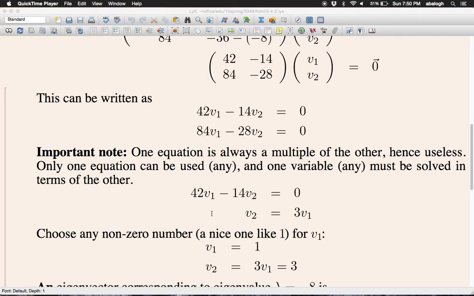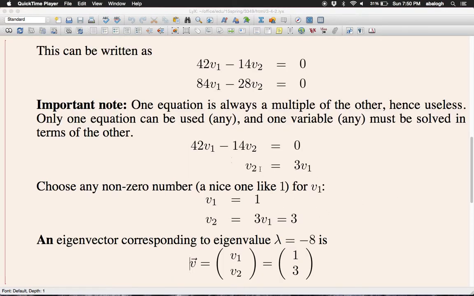And when you try to solve the first one alone, all you can do is express one variable in terms of the other. In general, it doesn't matter which variable you choose to express in terms of the other. I usually try to avoid fractions, so I use the variable with the smaller coefficient. In this case, we have v2 equals 3v1. But this doesn't say what exactly the values are.